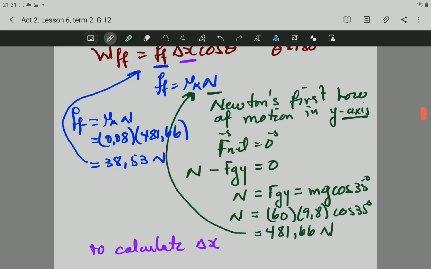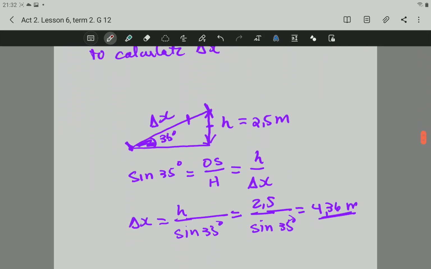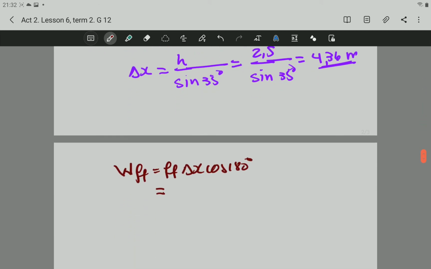Frictional force is calculated here, 38,53, multiplied by the displacement, which is right here, 4,36, multiplied by minus 1, which is the cosine of 180.